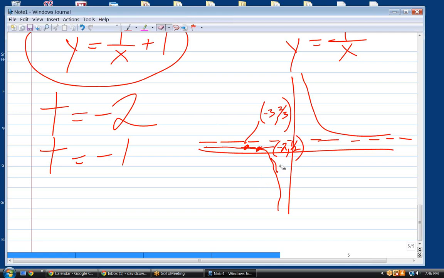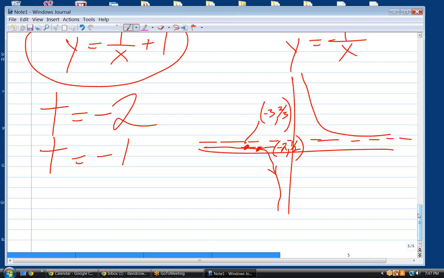Not a very good arrow. Let me try that again. In other words, as I count up my t's from -2 to 2, I put a dot on the graph and draw the arrow in the direction that I'm moving.